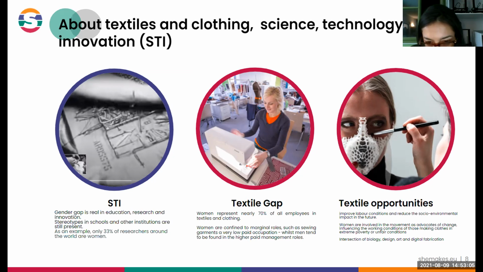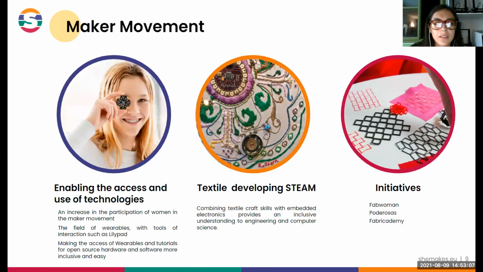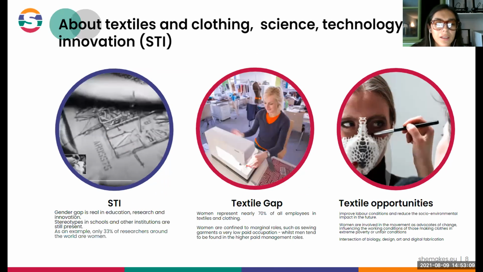So another aspect is the textile and gender gap, in which today we have more than 70% women in the textile industry, but not all of them are in positions of innovation. This is something we have to work on, empowering more women in management roles.